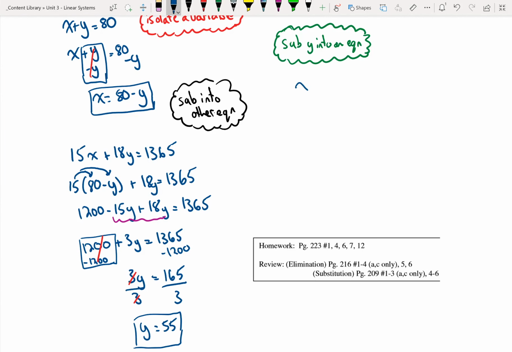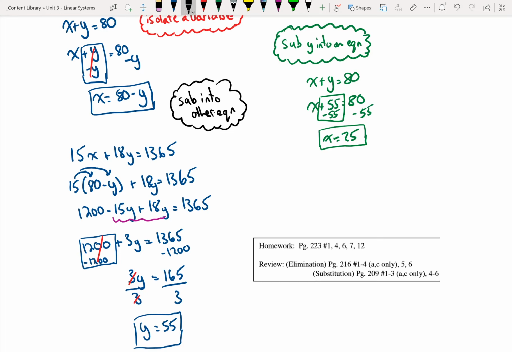I'm going to use x plus y equals 80. X plus y, I know y is 55, equals 80. If I want to get x by itself or solve for x, I need to minus 55 from the other side, and I get x equals 25, which is my final answer.